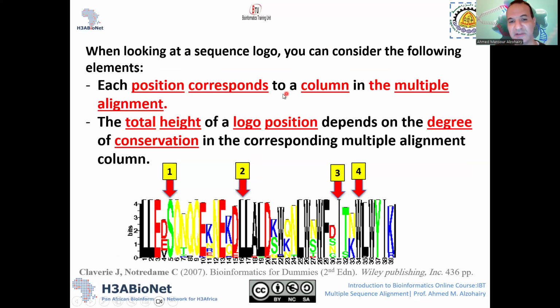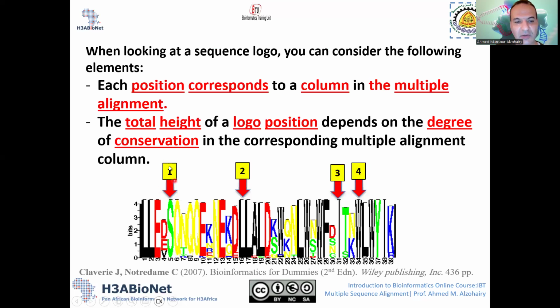Each position, as we said, in the multiple sequence alignment corresponds to a column in the multiple sequence alignment.